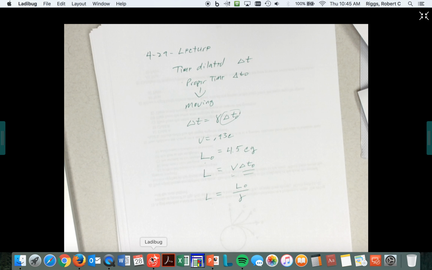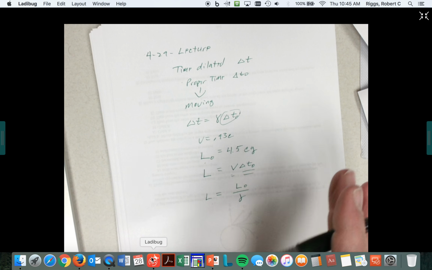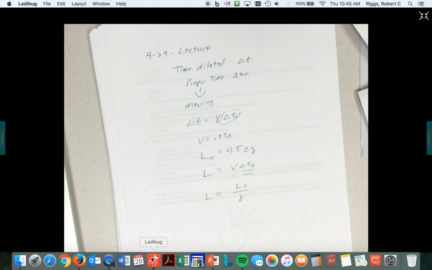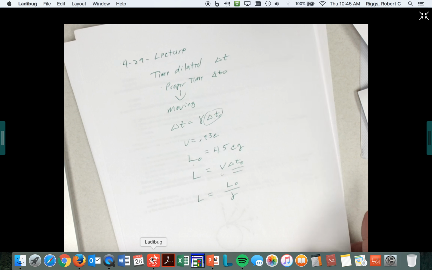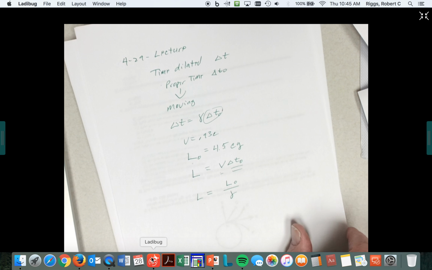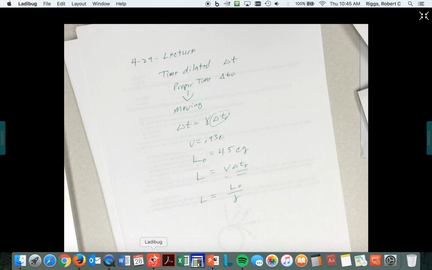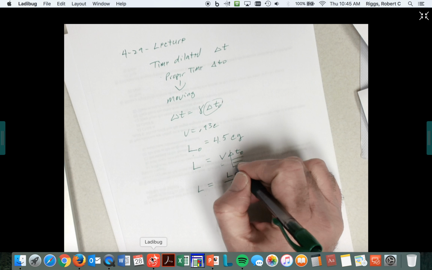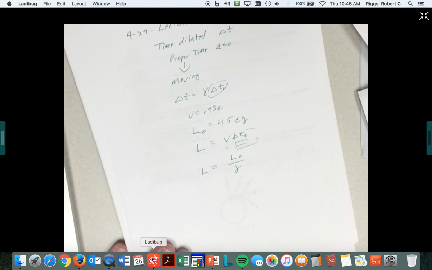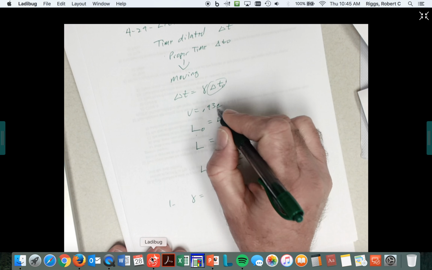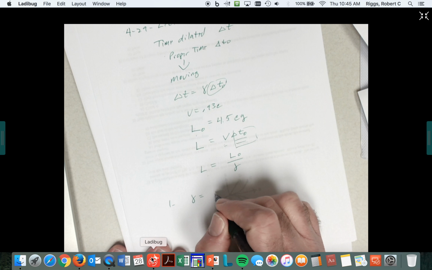So let's say I'm going 0.93 c and it's 4.5 light years away. I'm getting this straightened out in my head. First, let's find gamma, and I'll figure out my delta t naught at the end. Since I was given v, I can find gamma relatively easily.